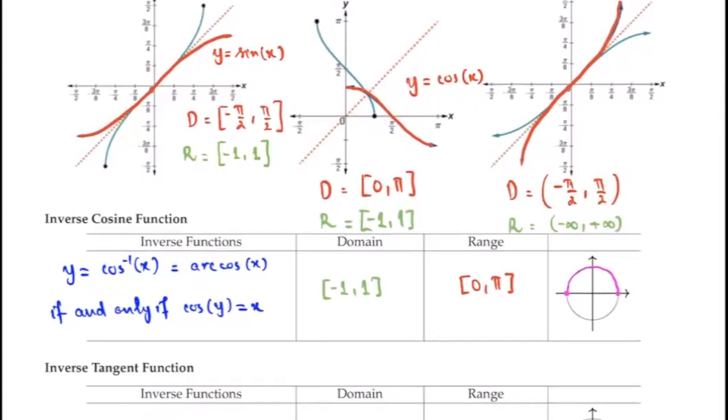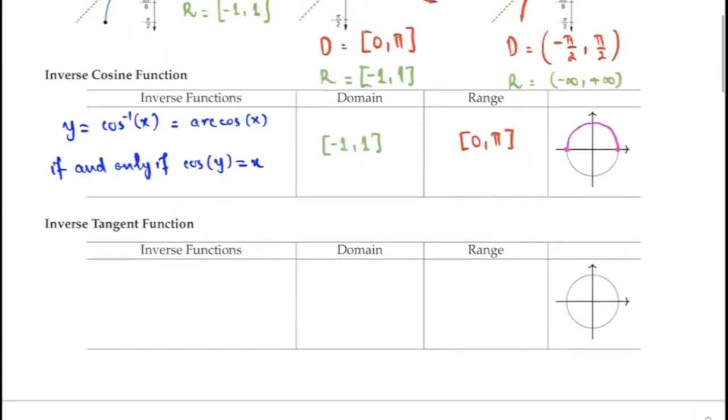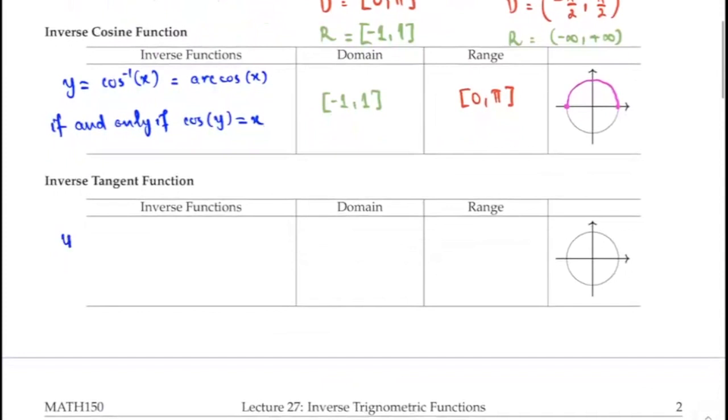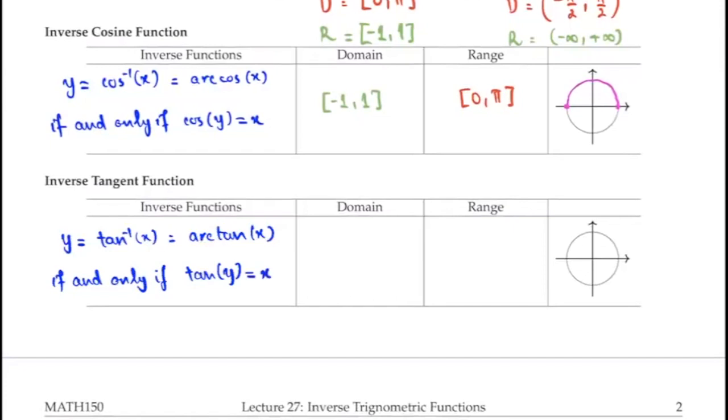Now, when you go to inverse tangent functions, y equal to tangent inverse x indicates that this is the inverse tangent function, or it can be written as arc tangent of x, if and only if tangent of y equal to x.